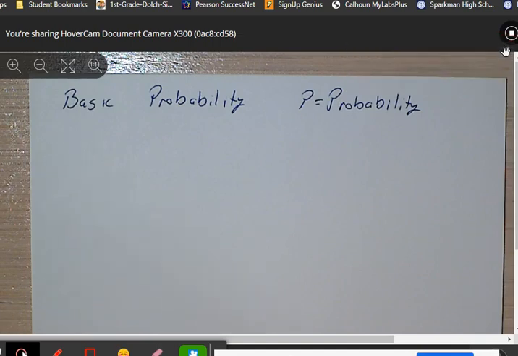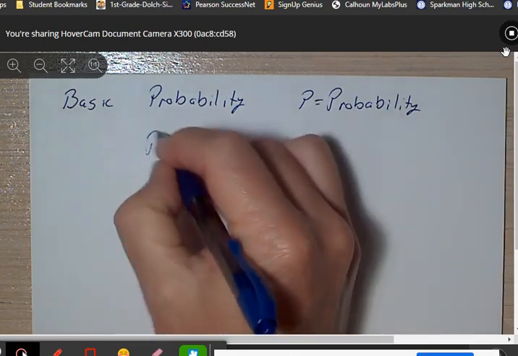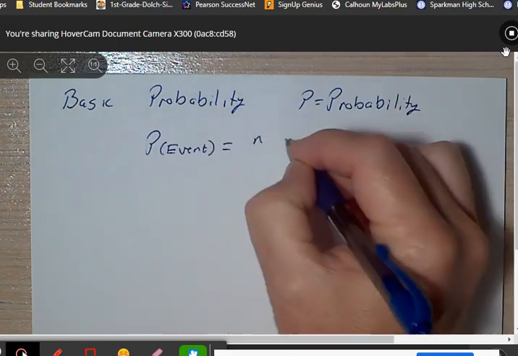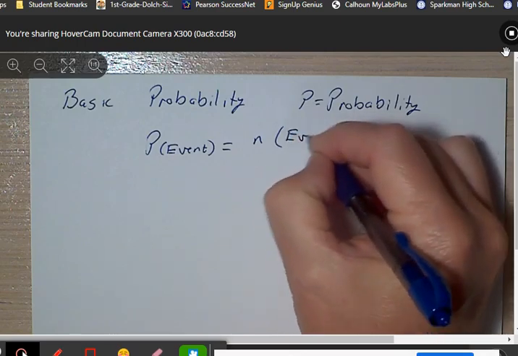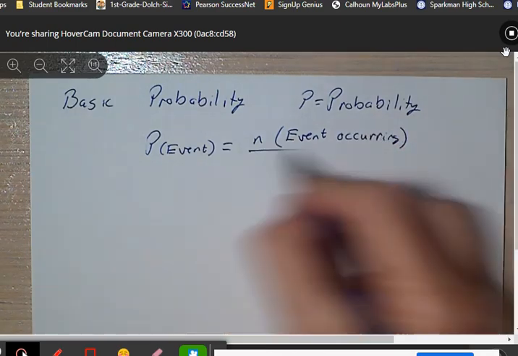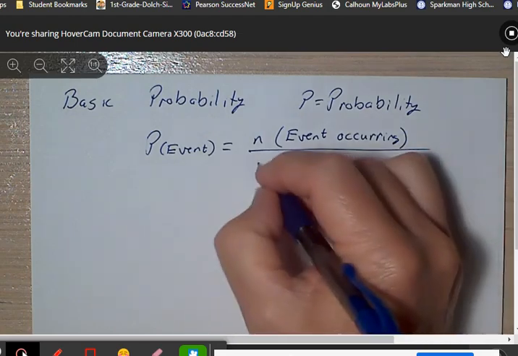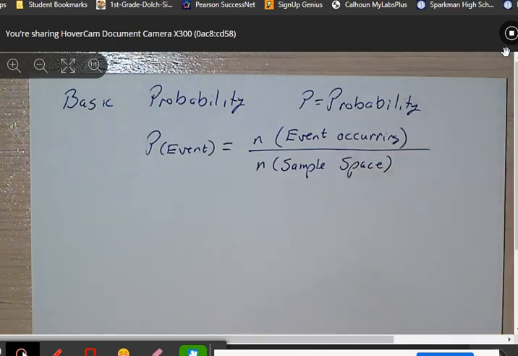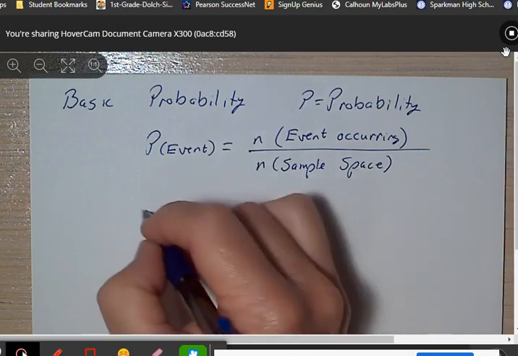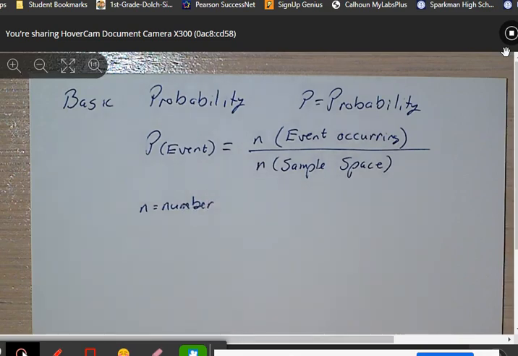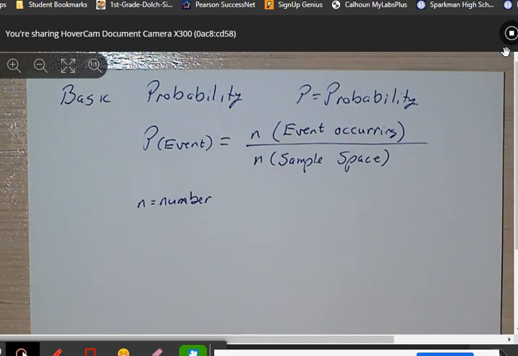So the probability of some event happening is going to be the number of times that event occurs, or the number of the event occurring, over the number in the sample space. Again, this is all just basic probability for anything that you're doing.